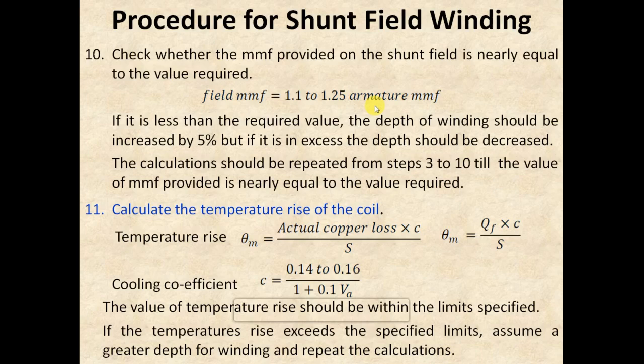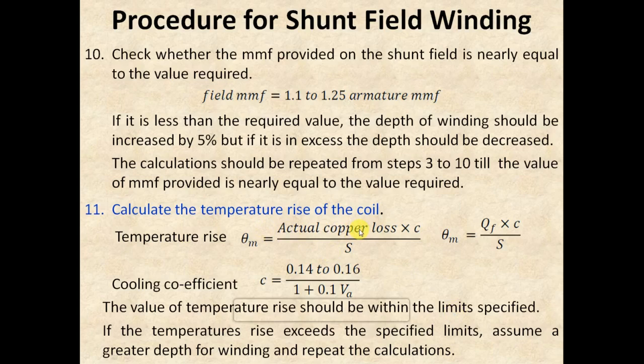That is, once you check and find that this condition is not satisfied, you have to increase the assumed depth of field winding by 5% and repeat steps from 3 to 10, and if you see that this condition is yet not satisfied, again you have to increase the depth of field winding further by 5% and repeat all the steps.